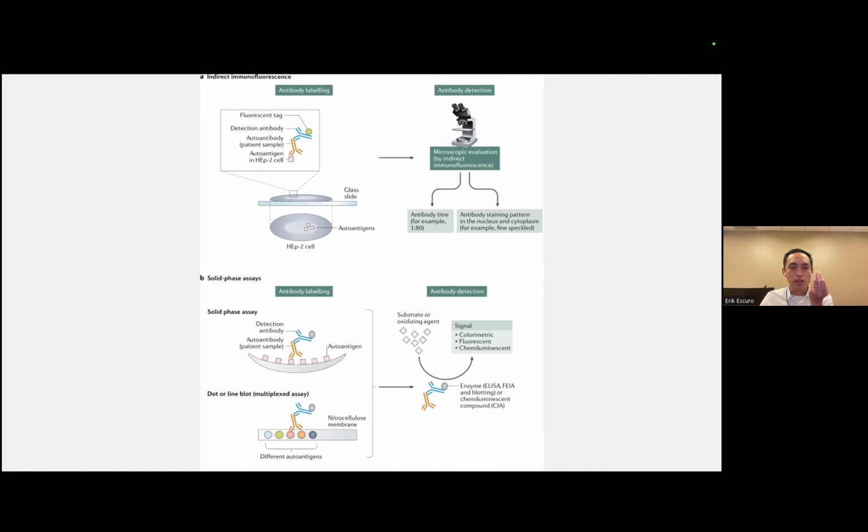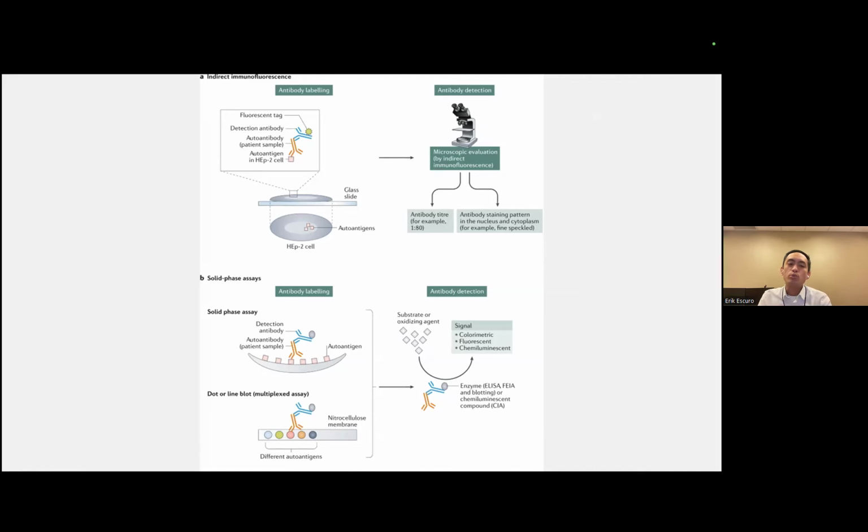And so if the autoantigens in that cell line are able to attach to antibodies in the patient's blood, we then mix in this fluorescent detection antibody, which can only attach if the complex has been made, and then you can see it under immunofluorescence under a microscope. That is a positive ANA.